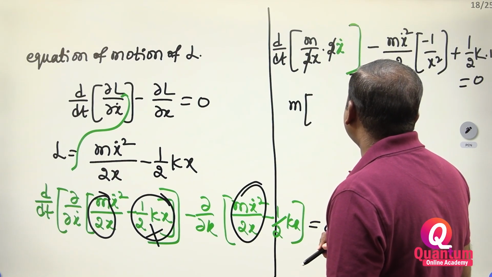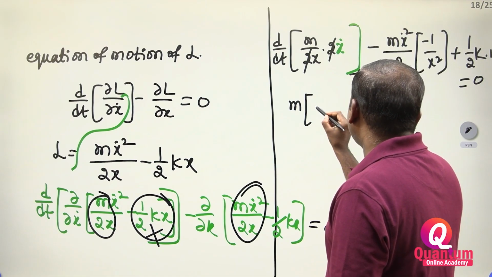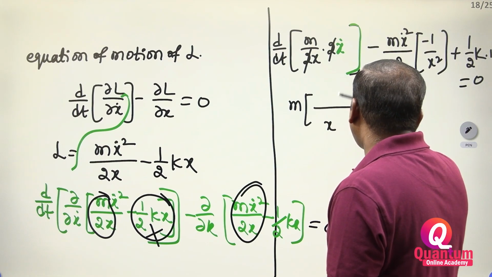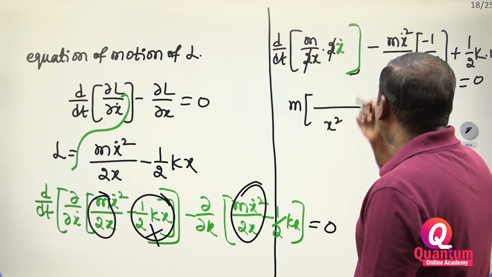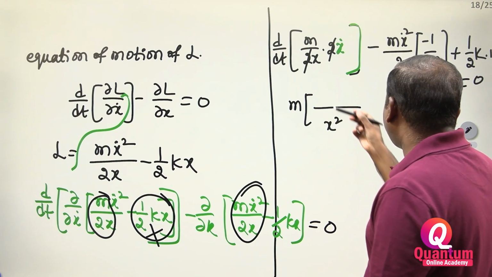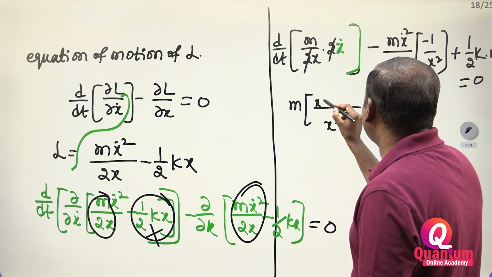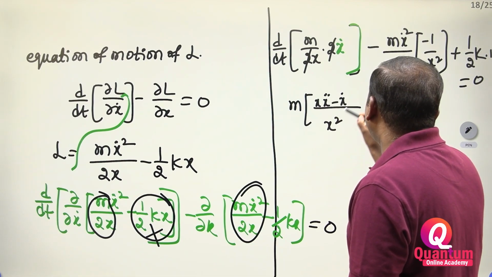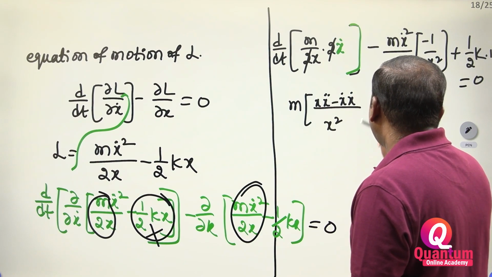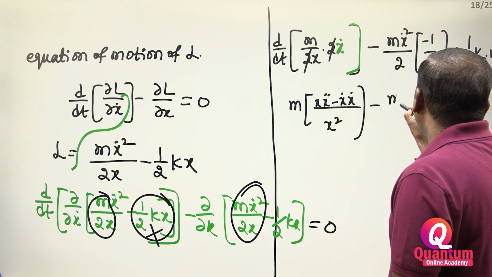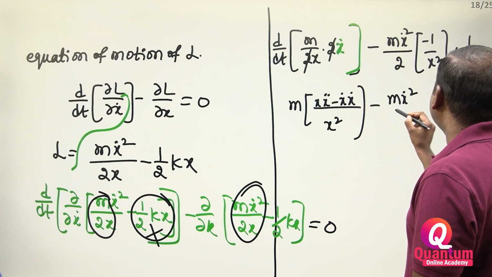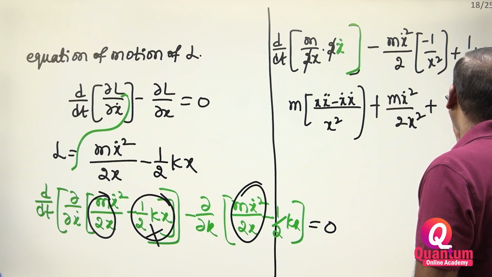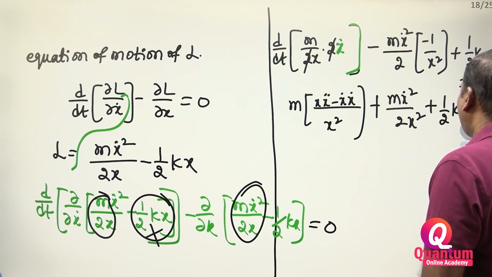d by dt of x dot by x, you have to take here x square, u by v differentiation, x square in the denominator, x double dot minus x dot into x dot you have to take, right? Minus m x dot square divided by 2, minus into minus plus, into x square plus 1 by 2 k is equal to 0.